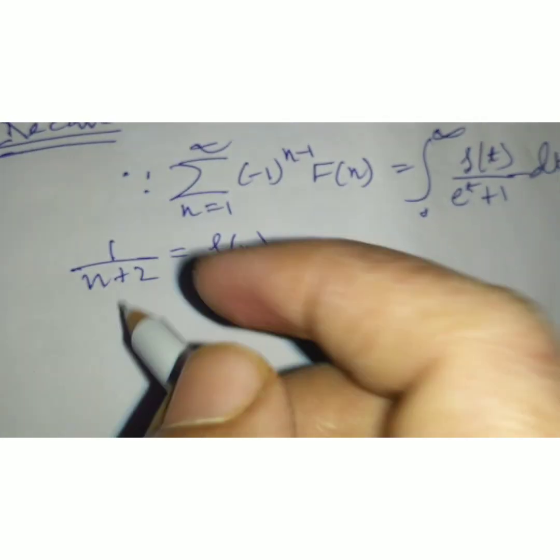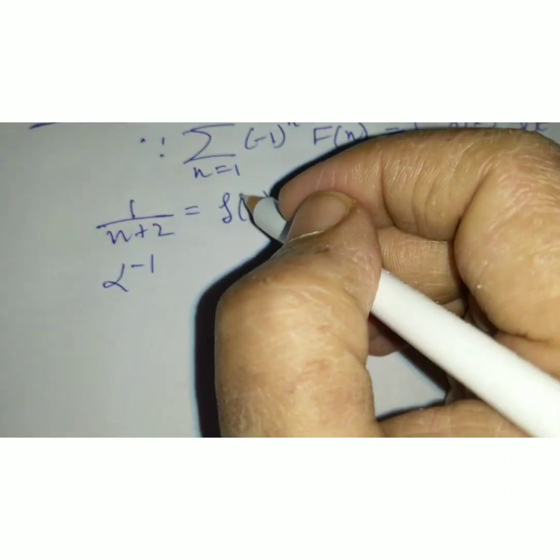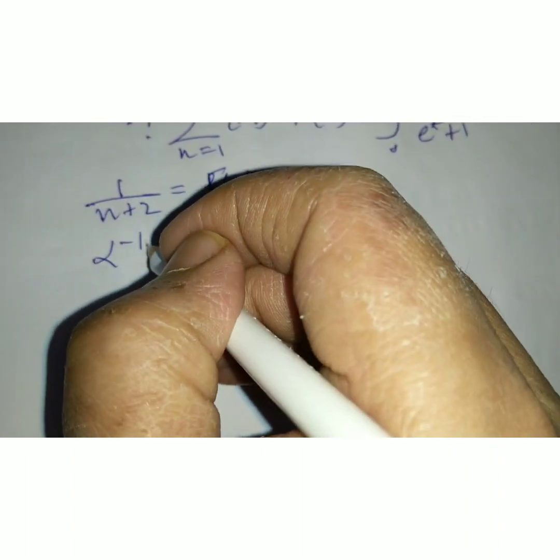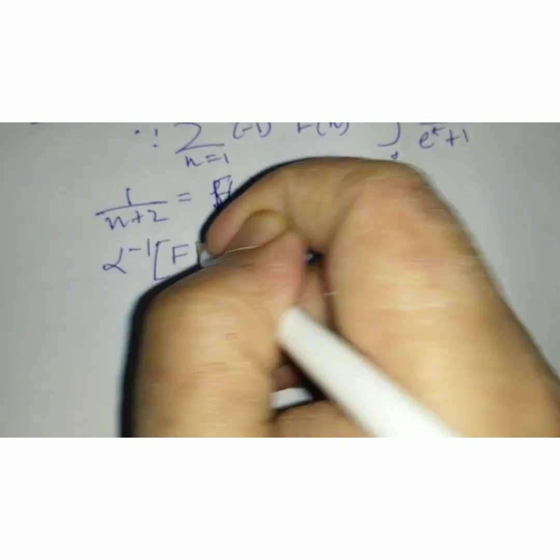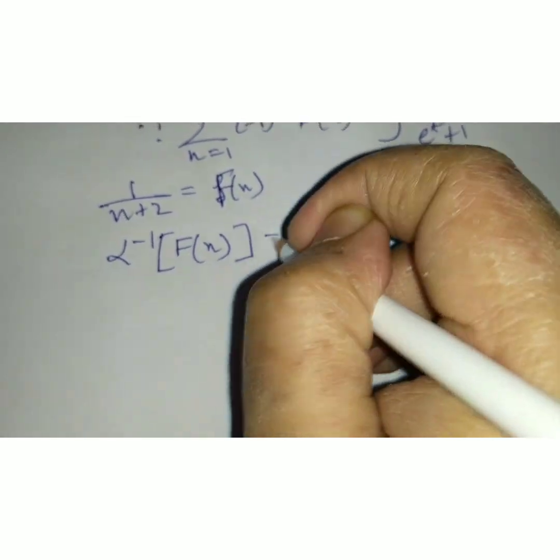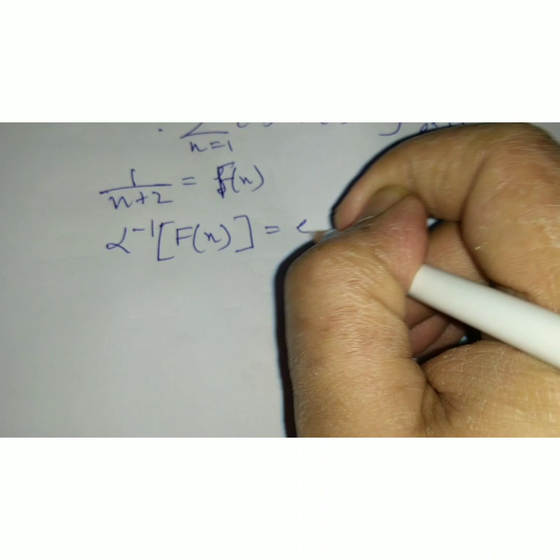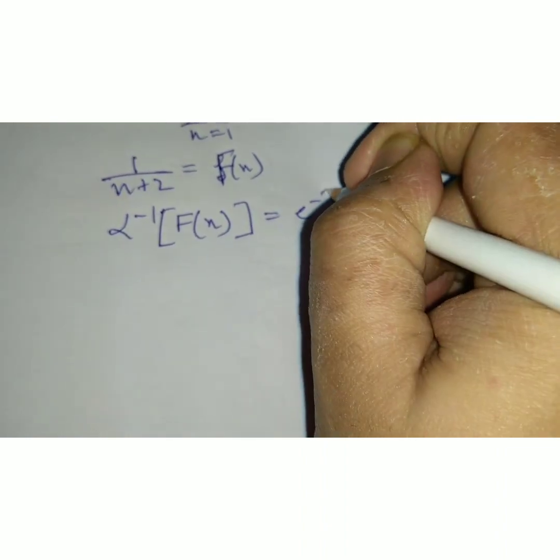I hope you know this formula: 1 by n plus 2 is equal to Fn. First term: L inverse of 1 by n plus 2 is equal to e to the power minus 2t.